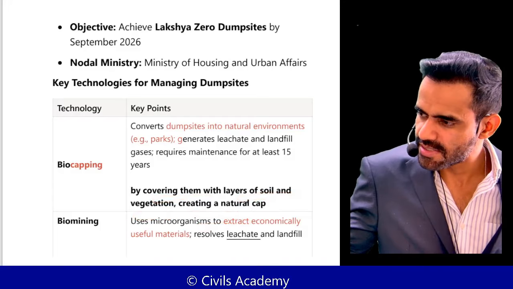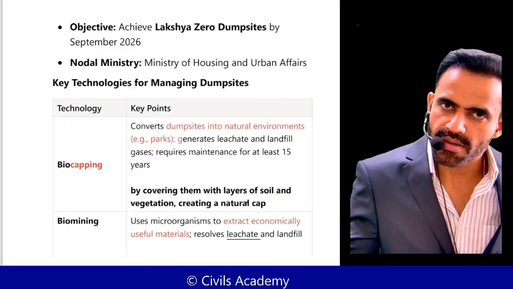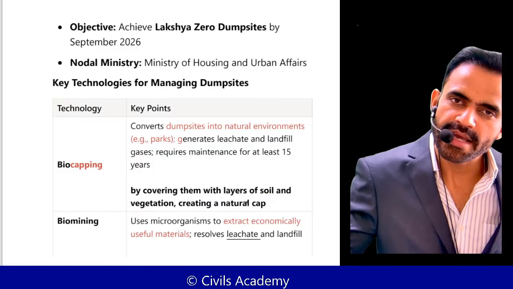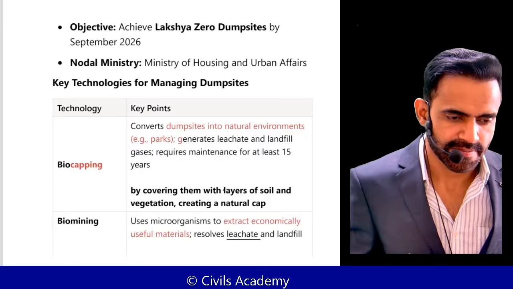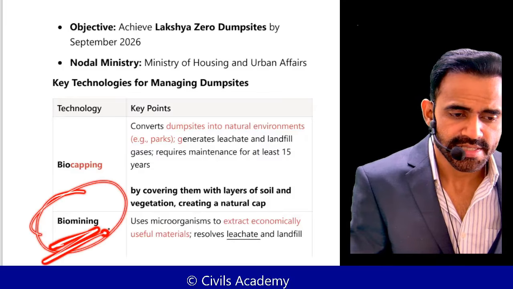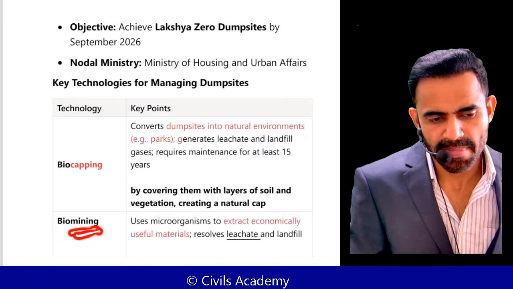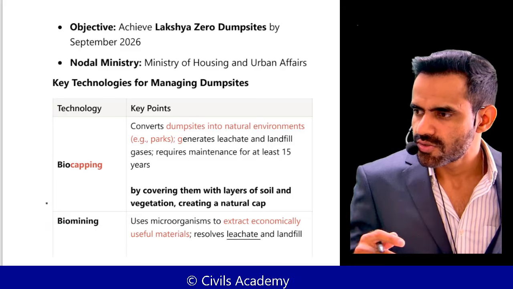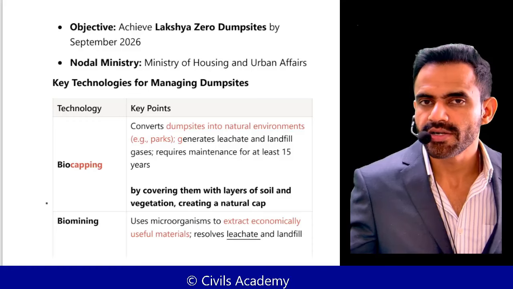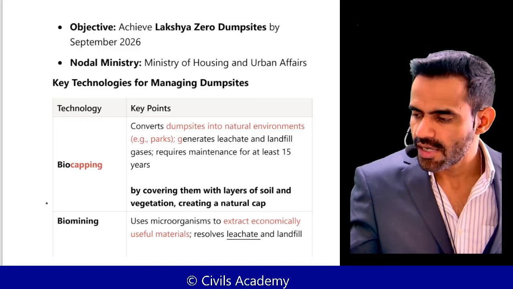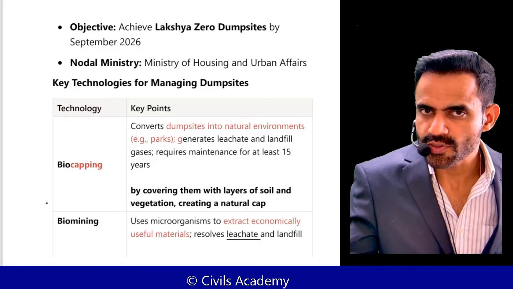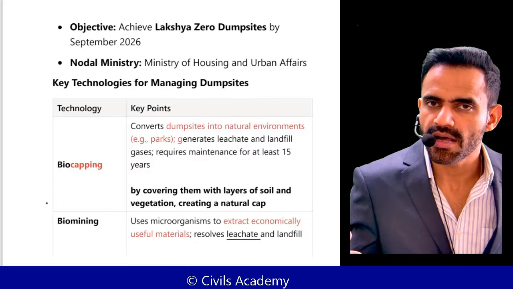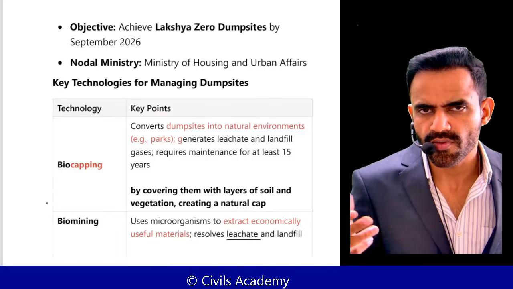Cap basically means an upper layer is being created over that dump site. Second is biomining. In a very simple sense, mining is being done with the help of microorganisms. What kind of mining? Those dump sites have a lot of mineral resources. So we are using microorganisms to extract those resources from the dump sites or from the garbage site.